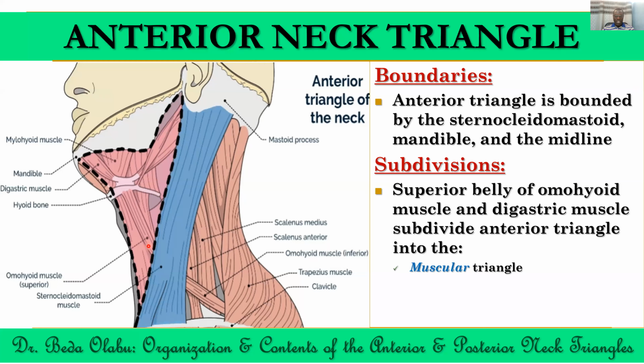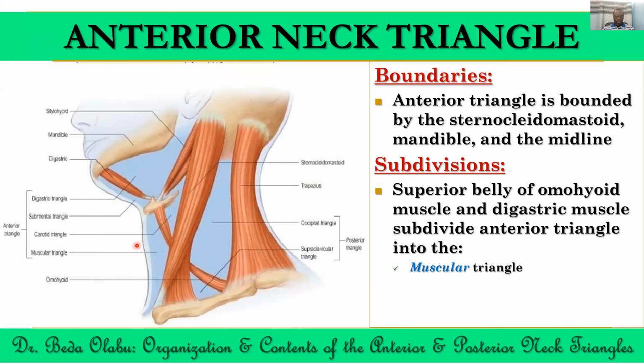The triangles that we look at are the muscular triangle there, and the carotid triangle, which is that one, and those two are the ones that fall below the hyoid bone. Therefore, they're the ones we are calling the infrahyoid anterior neck triangles.